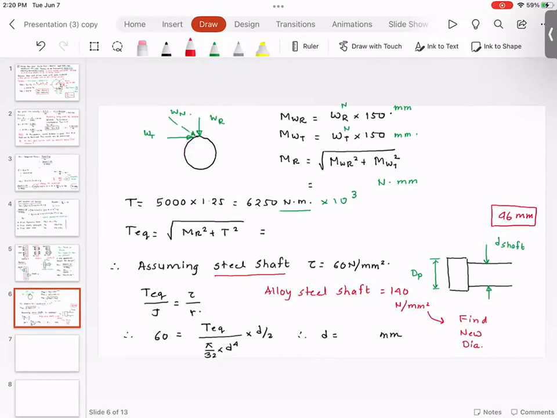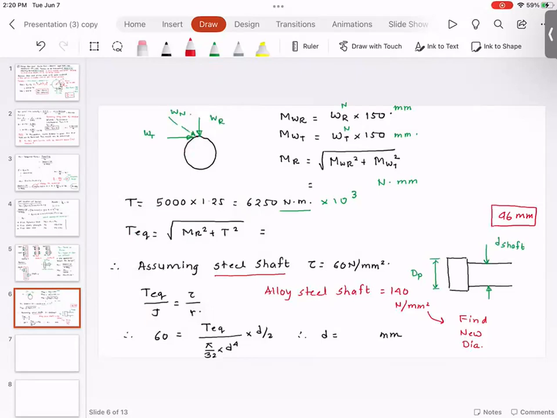So this case is not happening. The diameter of the shaft for 60 Newton per millimeter square is 96 millimeters. The diameter of the gear or the pinion is 182 millimeters. So that's good. That's okay.